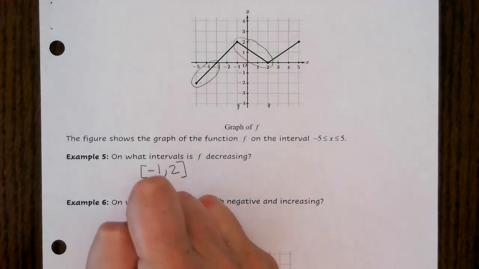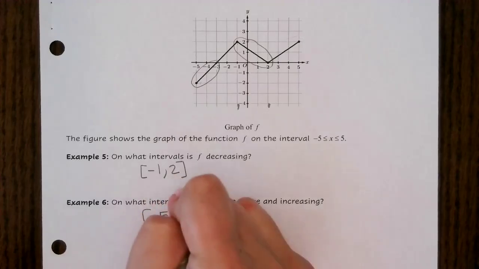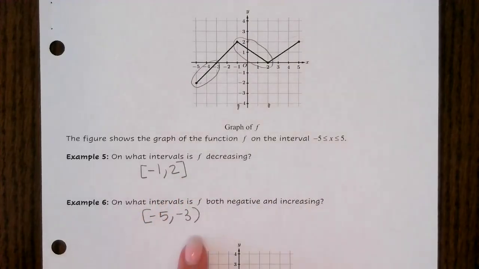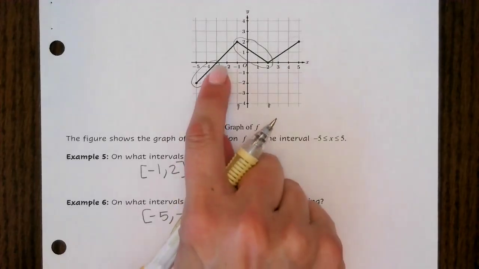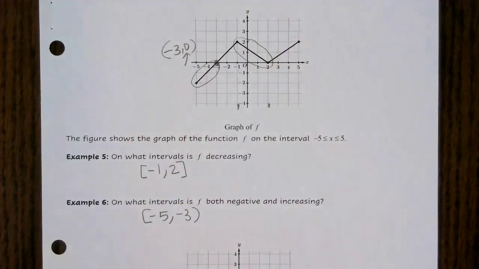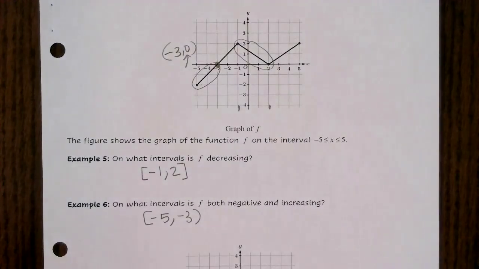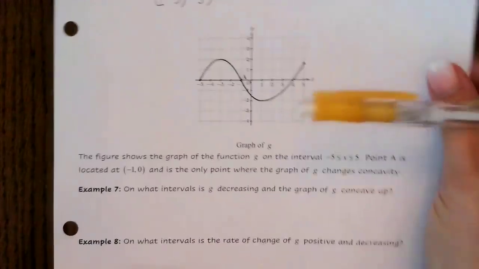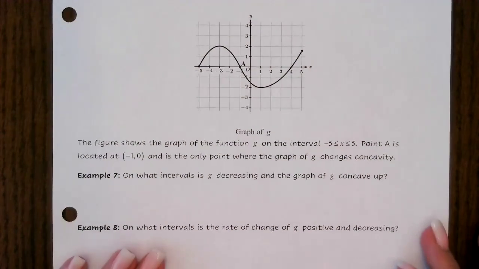And so this would be from -5 to -3, and I do not want to include -3 because it is at 0 there. That point right here is -3, 0. So it is not positive or negative. It is 0.